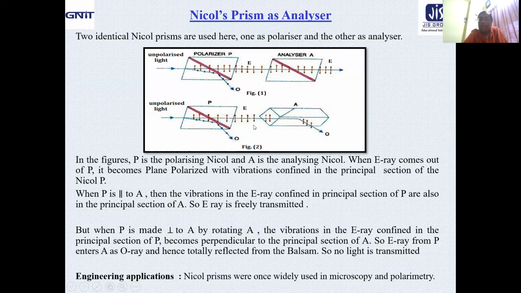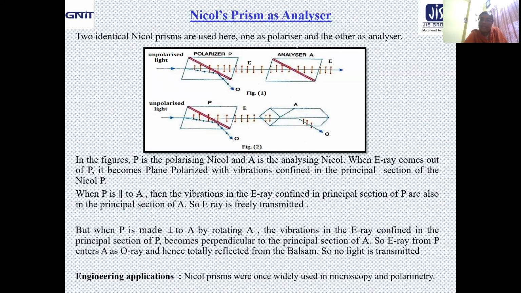So listen very carefully. E ray with respect to principal section of P will appear as O ray with respect to principal section of A because you have rotated A with respect to P by 90 degrees. So this ray will work as O ray here and O ray means it will suffer total internal reflection and beyond A you will get no light at all. So this is the way how Nicol acts as analyzer.